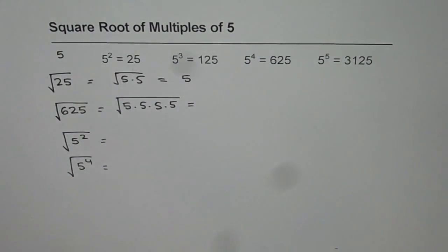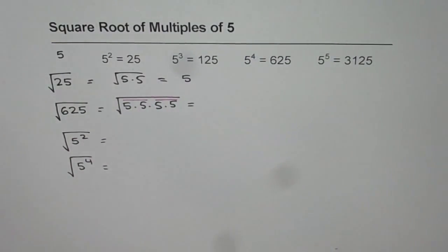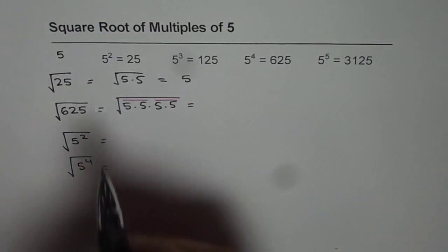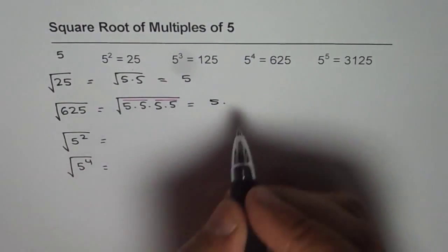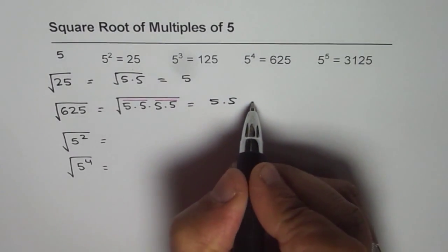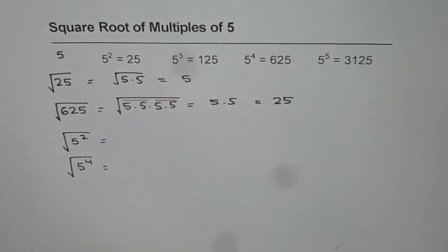And since we know that a square root is the result of two common factors, here with 5 times 5 I can take one of them out, and then again 5 times 5, I can take the other one out. So I get 5 squared, which is 25.